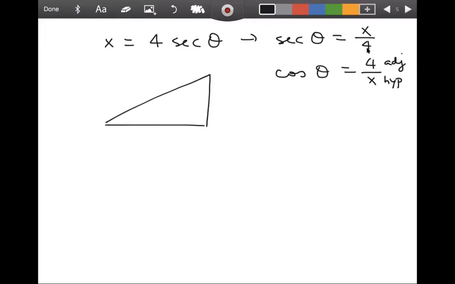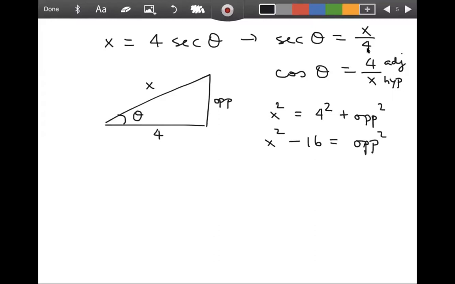All right, that triangle looks a little better. So if this is theta, then this side would be 4 and this side would be x. And by the Pythagorean theorem, x squared would be equal to 4 squared plus opposite squared, which means x squared minus 16 is equal to opposite squared, which means opposite is the square root of x squared minus 16, right?